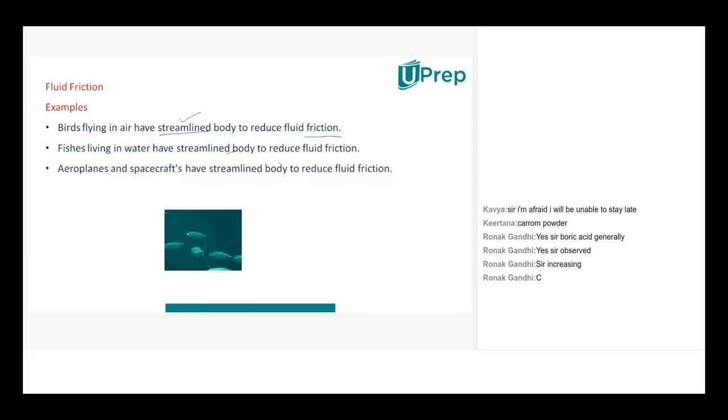Okay. One question on streamlining was given in the previous examination. Ronak, did you attempt that question at that time? Yes, sir. So this is about fluid friction. When you are moving on a bike, have you seen that air stops you, that you feel it?